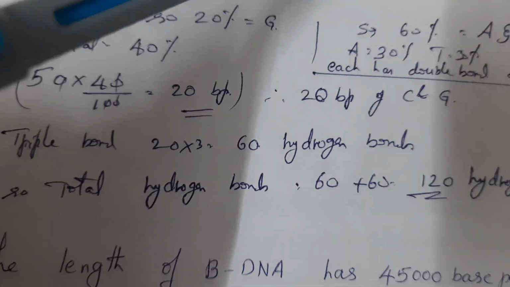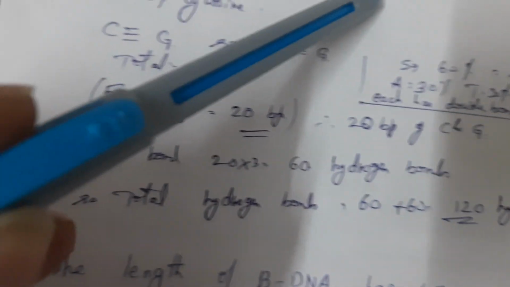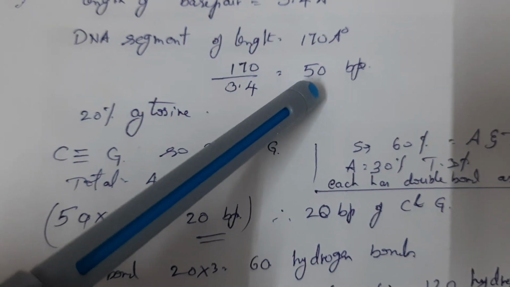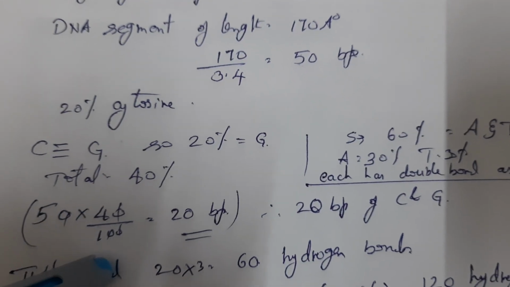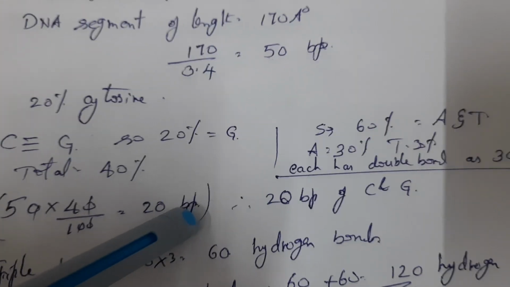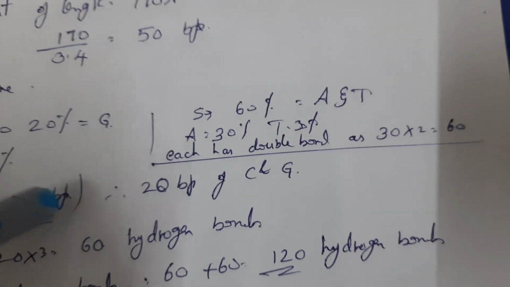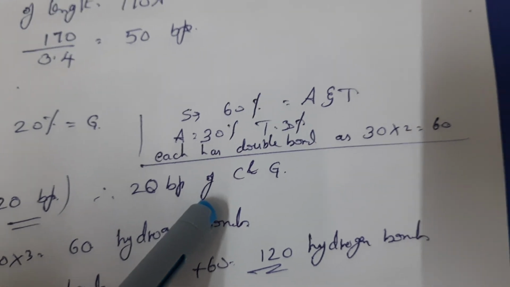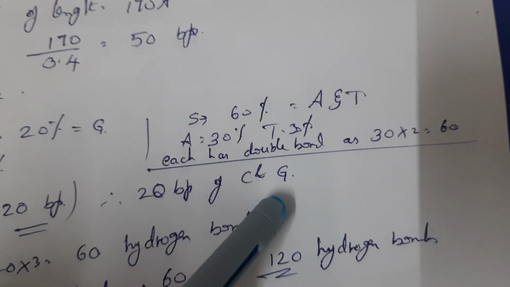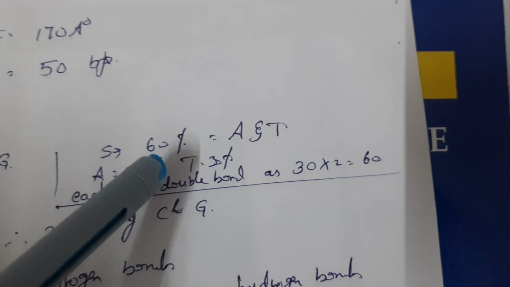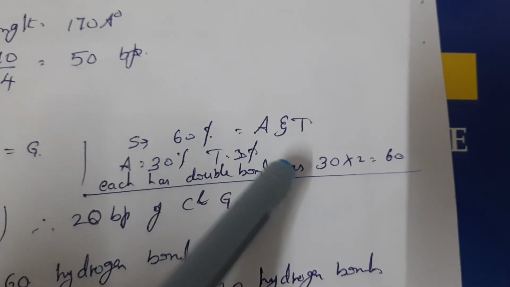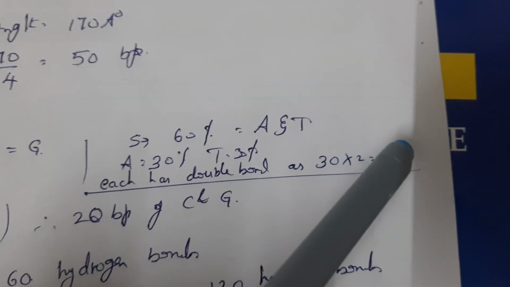In this, the total base pairs we have to take. Total base pairs we are having 50. 50 into 40 by 100, that becomes 20 base pairs. And 20 base pairs will be present between the guanine and the cytosine. And like that, if we take adenine and thymine, those are 60% of the base pairs.